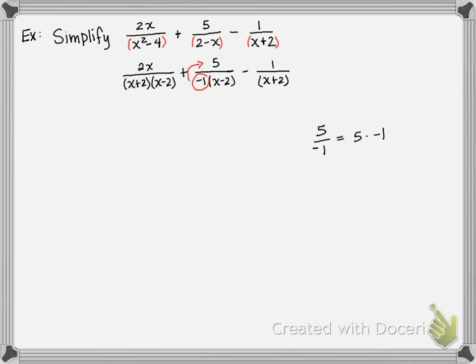Because dividing by -1 just changes the sign, right? And doesn't multiplying by -1 also just change the sign? So 5 times 1 over -1 is the same as 5 times -1 over 1.